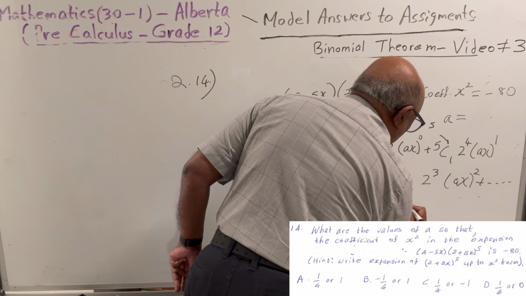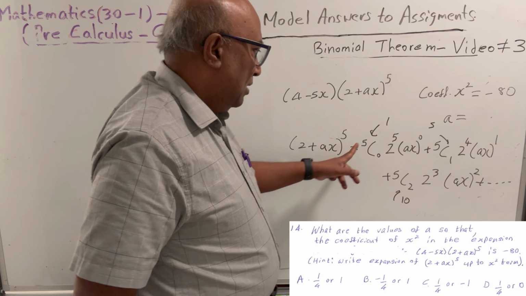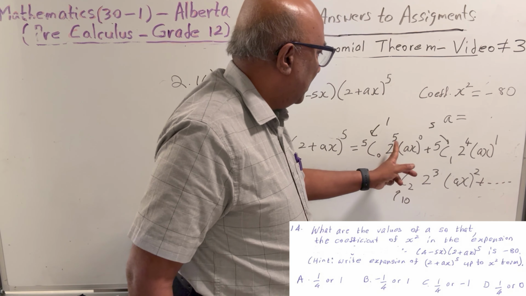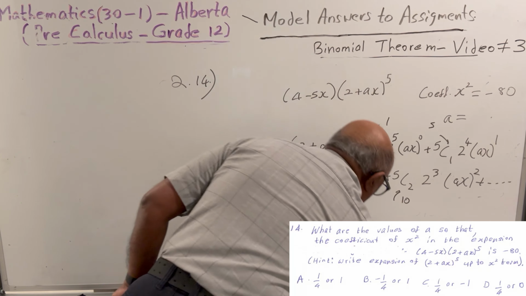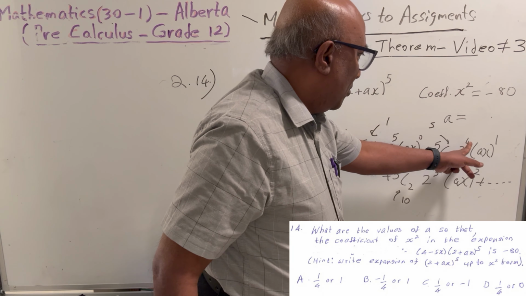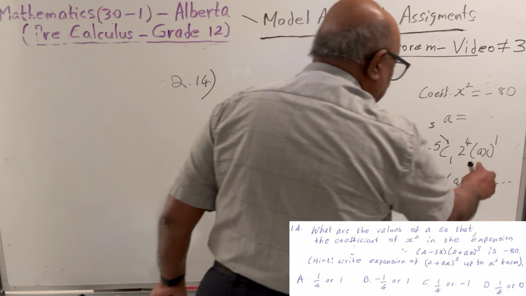You can check this value from your graphing calculator. Otherwise, you can calculate this by inputting the binomial coefficient. Let's simplify this. 2 to the power of 5, 32. 2 to the power of 4 is 16, times 5, 80. 80ax.